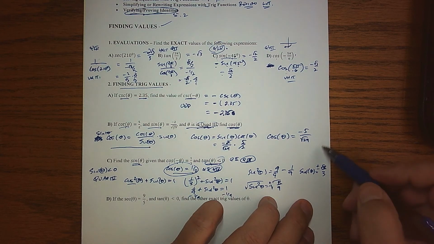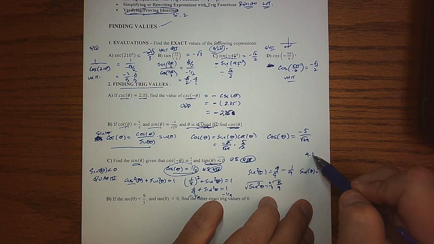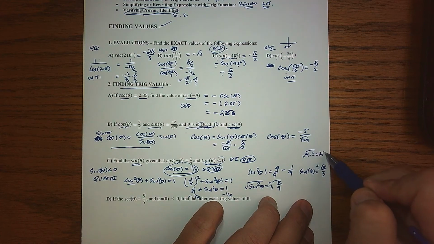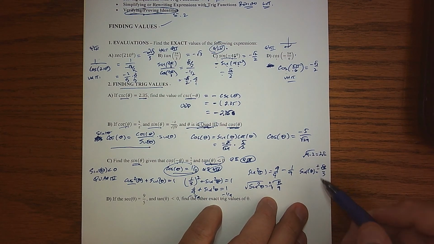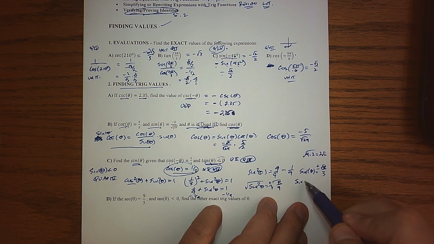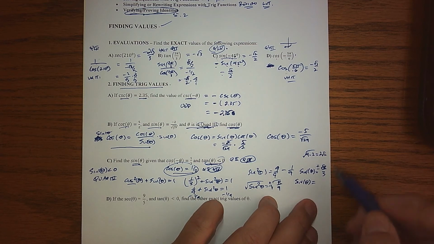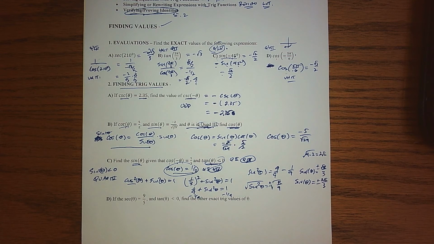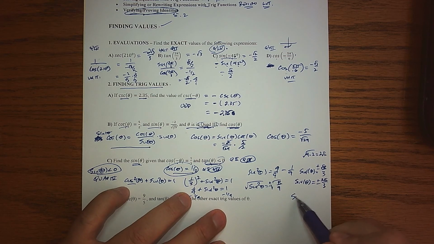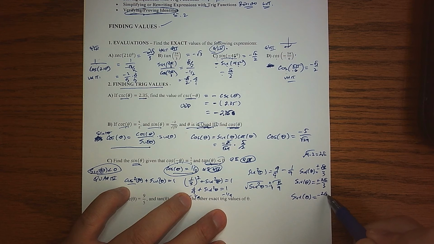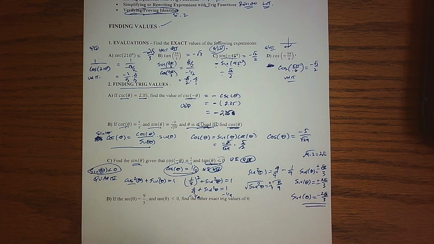Of course, the square root of 8, that's 4 times 2, so that's 2 square roots of 2. So the sine of theta is plus or minus 2 square roots of 2 all over 3. And of course, since we already had done some work, we know that the sine is negative, then the one we want is the negative one. Negative 2 square roots of 2 all over 3.